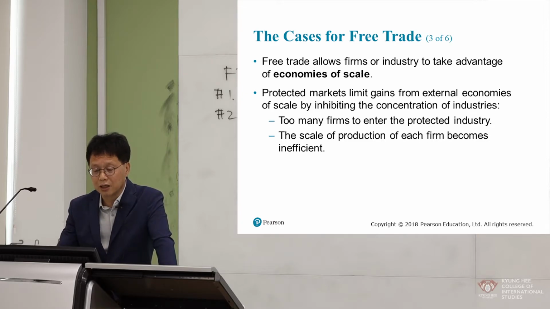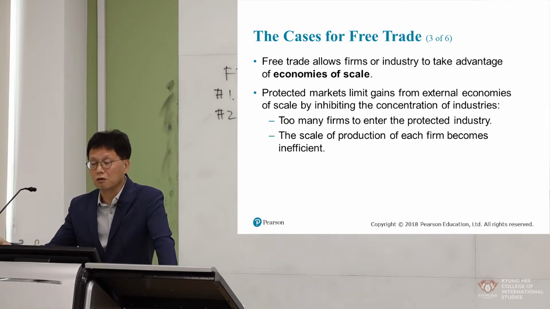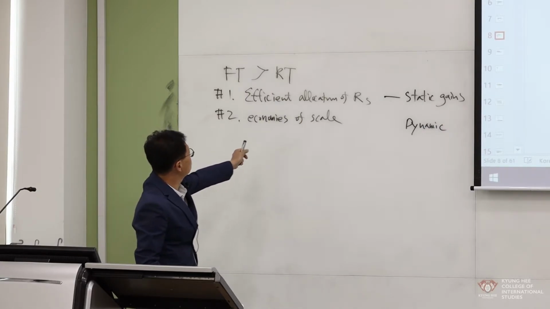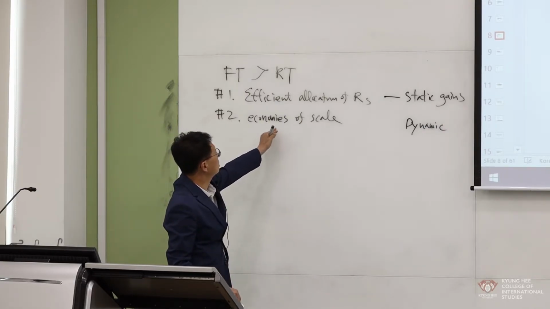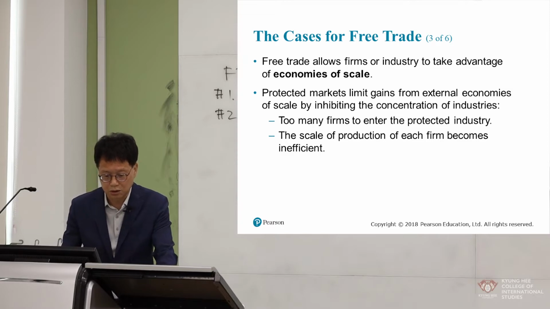But after liberalization, they can sell their efficient products in the world market. Now think about the success of Psy or BTS. They can sell their services to the world market, right? That kind of thing happened. That is the story of economies of scale, right? Only a free trade policy guarantees economies of scale. Restricted trade cannot guarantee economies of scale. Okay, that is reason number 2.